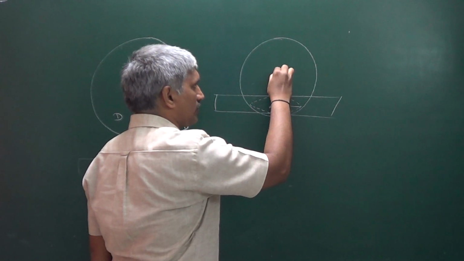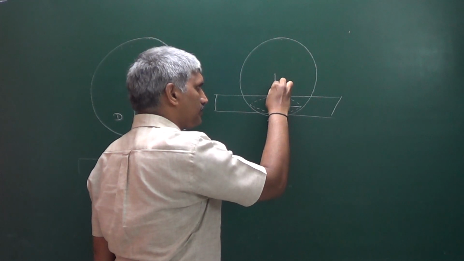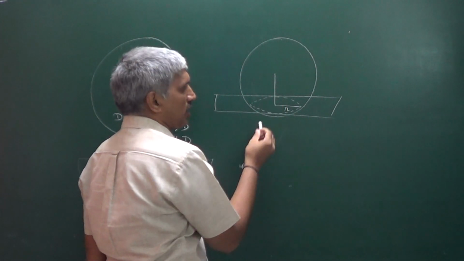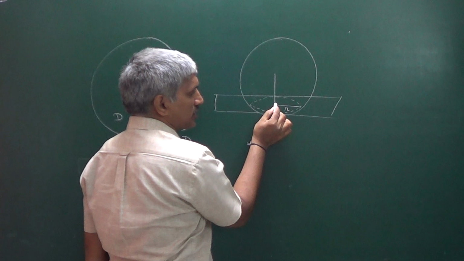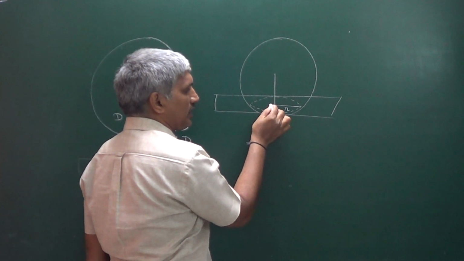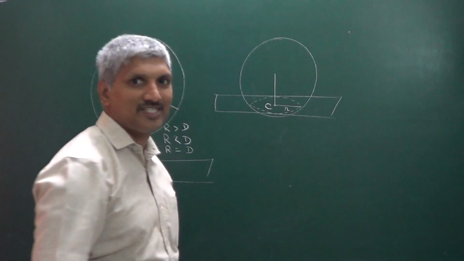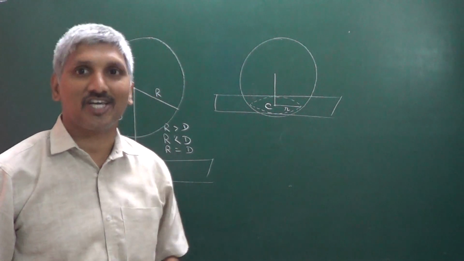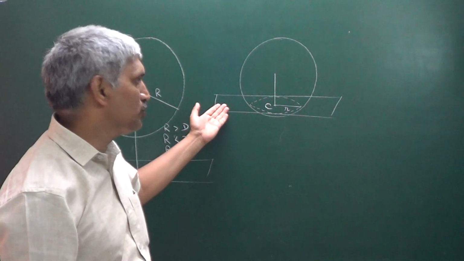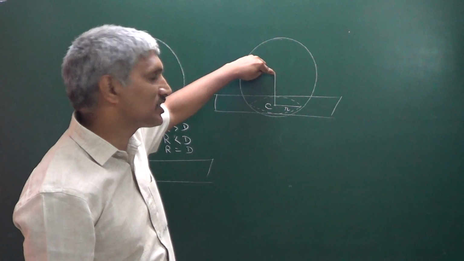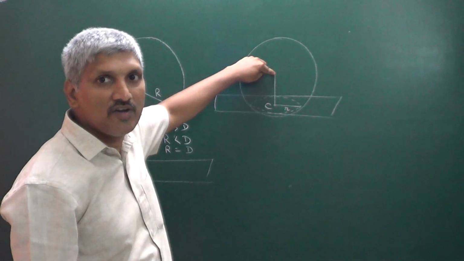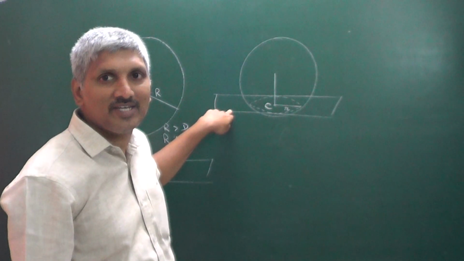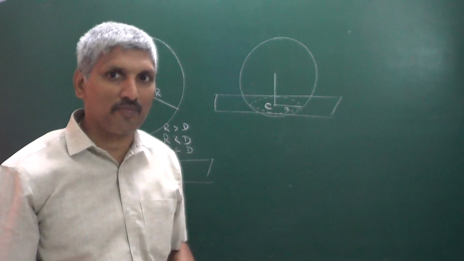From the center of the sphere onto the plane, a line is drawn perpendicularly. This is nothing but the foot of the perpendicular. That foot of the perpendicular is nothing but the center of the circular cross section. That means you know the plane, you know the center of the sphere. From the point onto the plane, you know how to find the foot of the perpendicular.